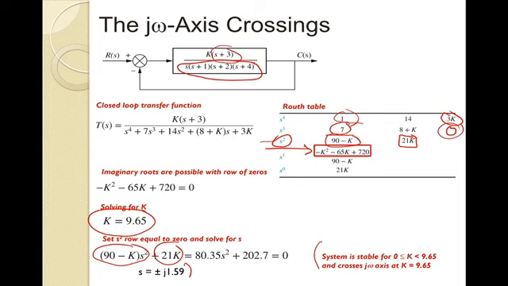And if I was to plot that, what we'd see is that as I keep increasing that gain k, those poles are going to migrate away towards the right, and that at a gain of 9.65, they will cross again at plus and minus j 1.59. Okay, so I want to keep my k lower than that to ensure I have stability in my system.